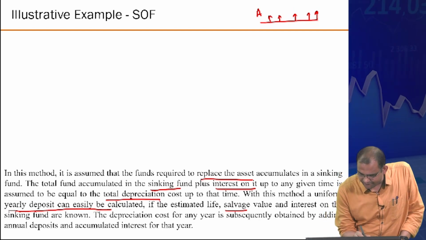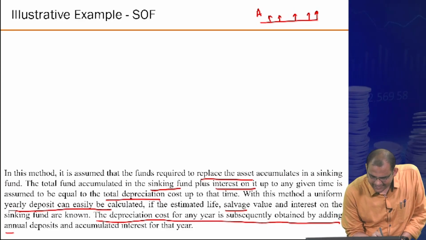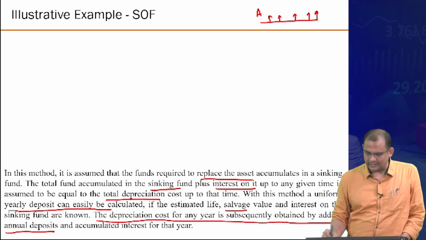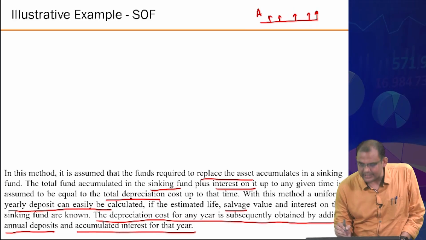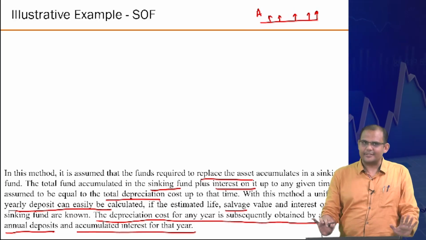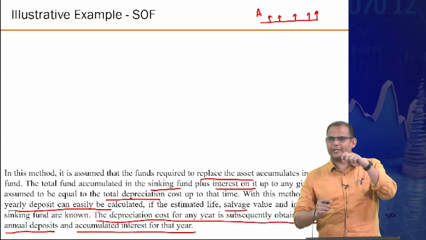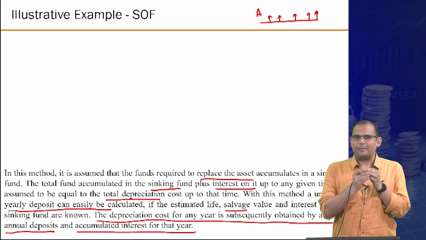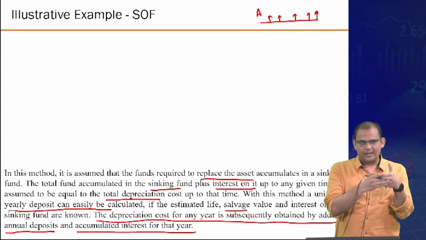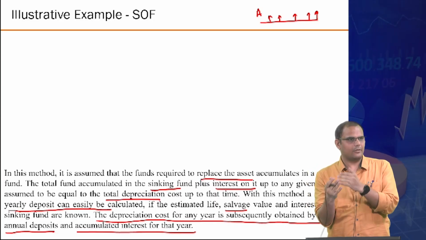The depreciation cost for any year is subsequently obtained by adding the annual deposit and the accumulated interest for that year. Okay, I've given you this, don't memorize, but logically it makes sense. It's not only the A value as a company, but the actual depreciation is the A plus the interest that A amount had generated till the time you have deposited.